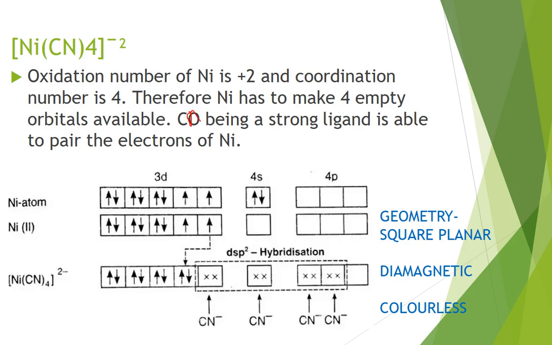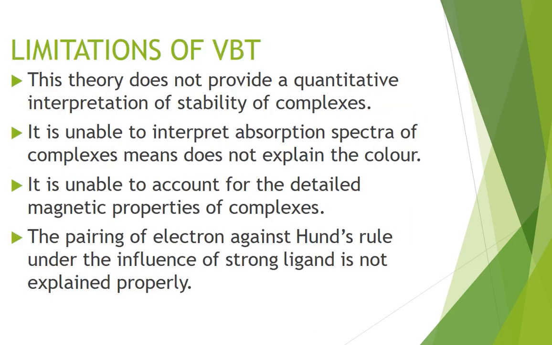So this electron shifts here. The arrangement of nickel electrons becomes d8. And now 1d, 1s and 2p undergo dsp2 hybridization. So the geometry becomes square planar, and again the electrons are paired, so it is diamagnetic as well as colorless.